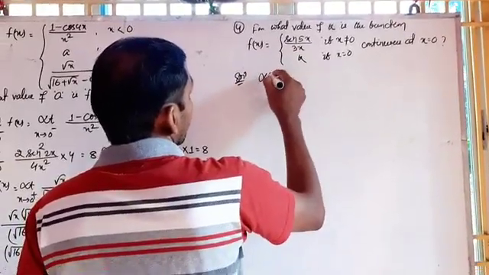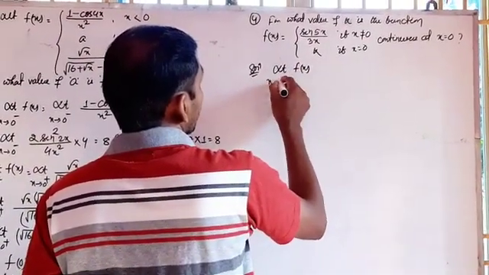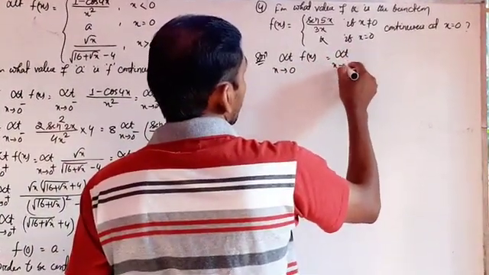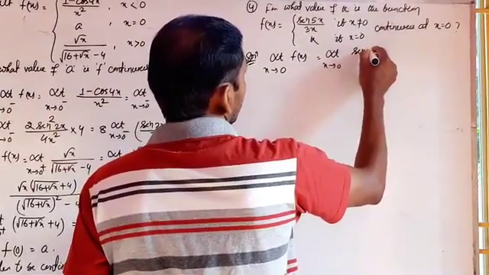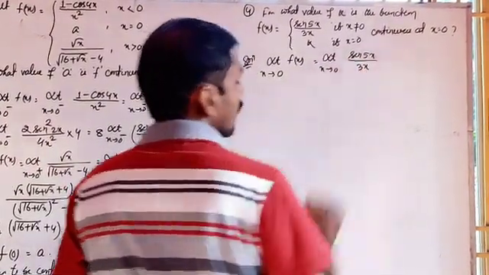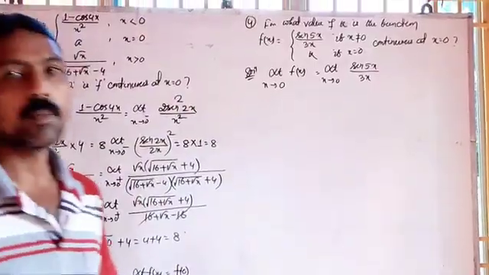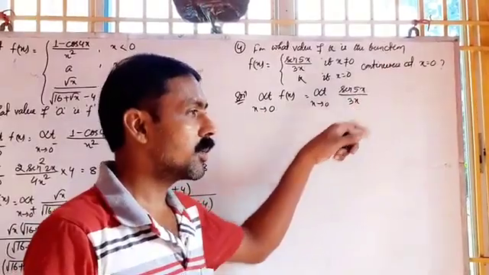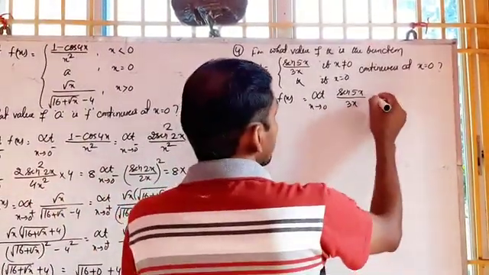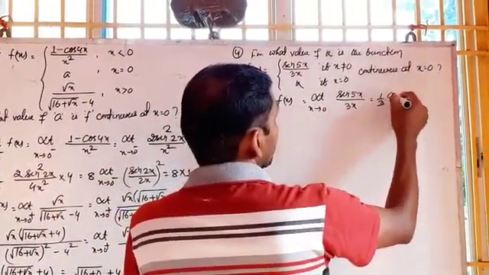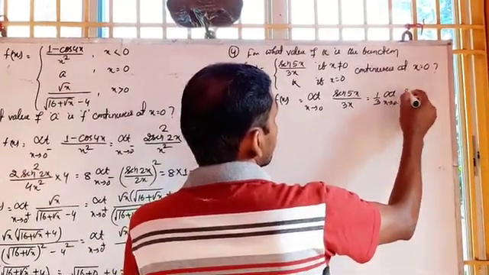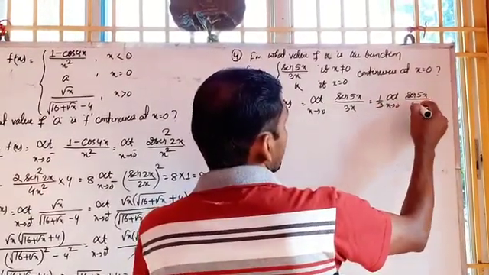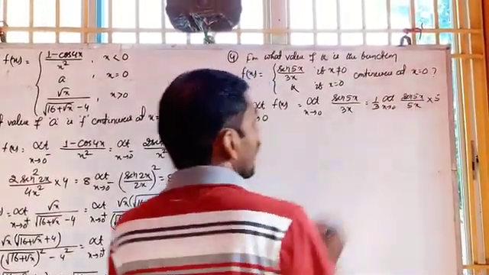So here first we will find limit of f of x, x tends to 0, and limit x tends to 0 it is sin 5x by 3x. Now here you go, numerator 5 is there, denominator 3 is there. So it should also be 5, so you have to multiply and divide 5. So these 3 you can take outside, 1 by 3, then you can write limit x tends to 0 sin 5x by, here only x is there, so we have to multiply and divide it with 5.